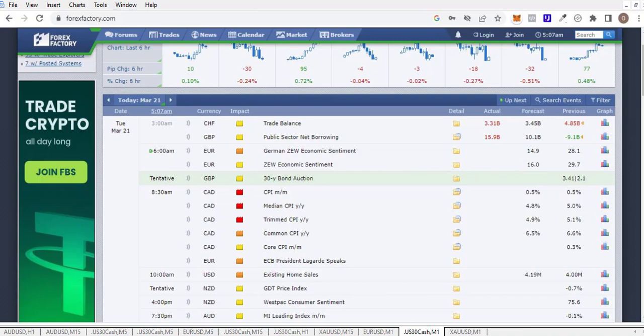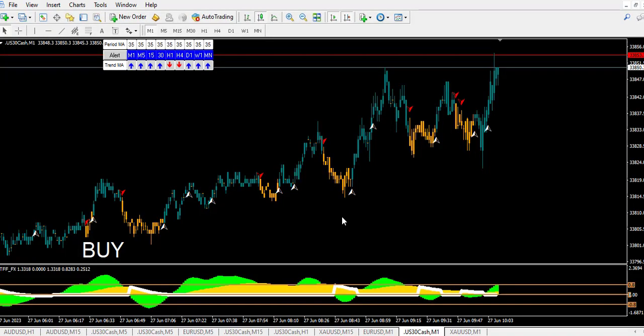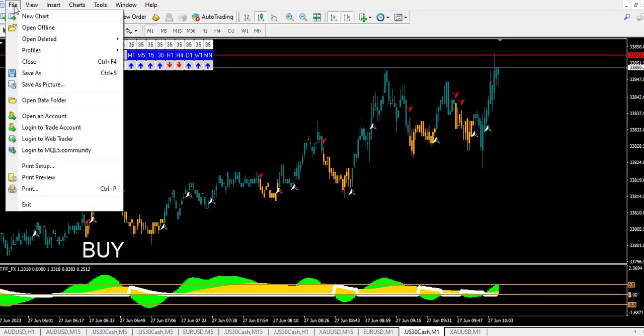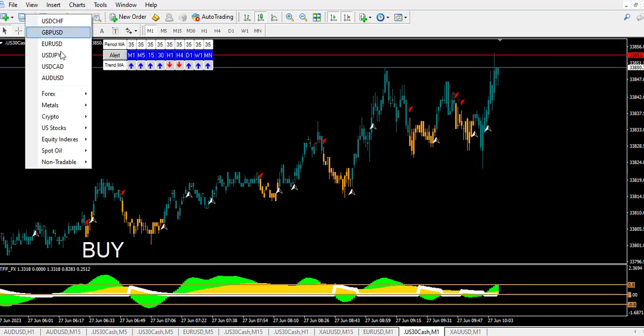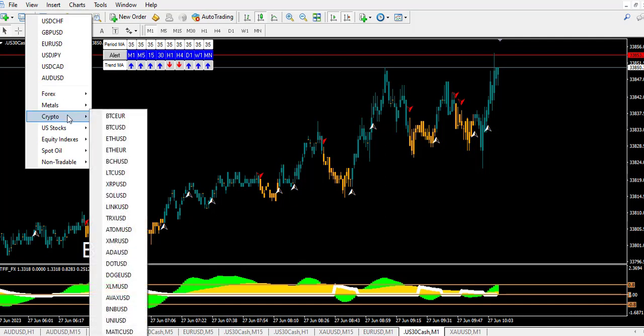This particular strategy can be used on MT4, and you can use it to trade any pairs you want. You can use it to trade gold, silver, and crypto like Bitcoin, Ethereum, Doge, Litecoin, and the rest.